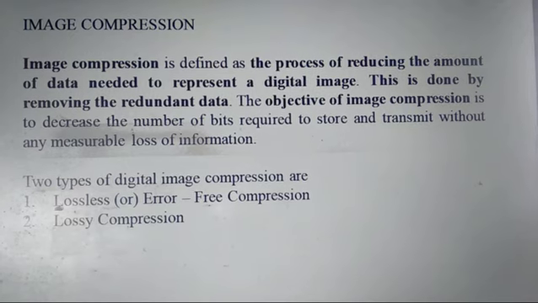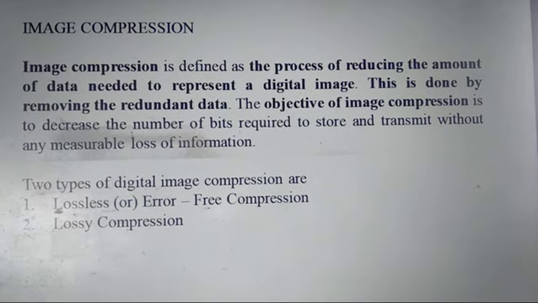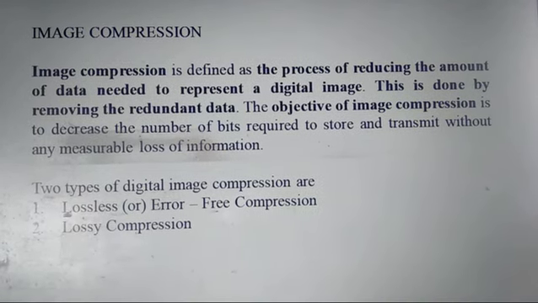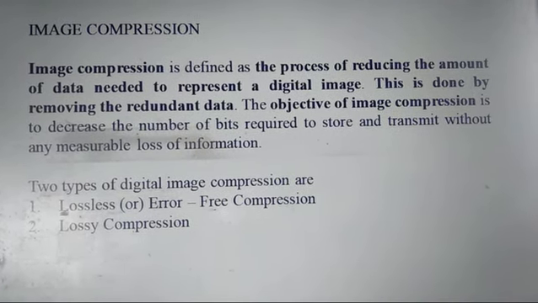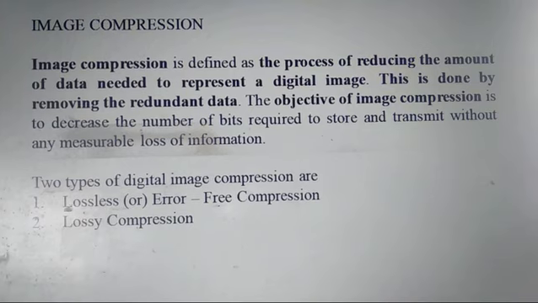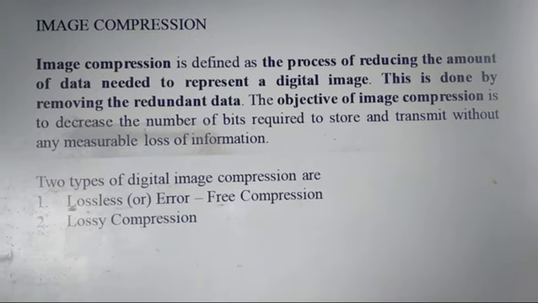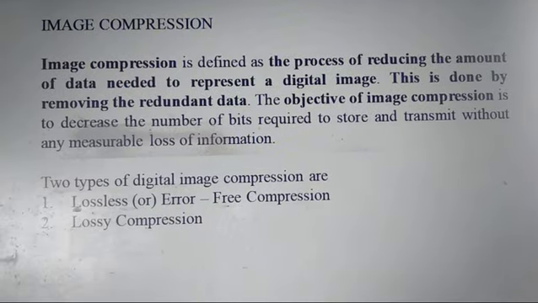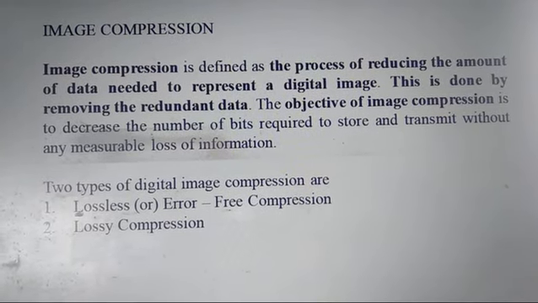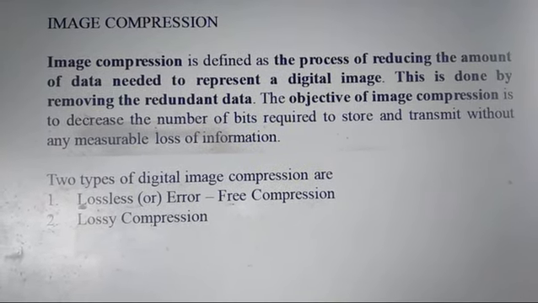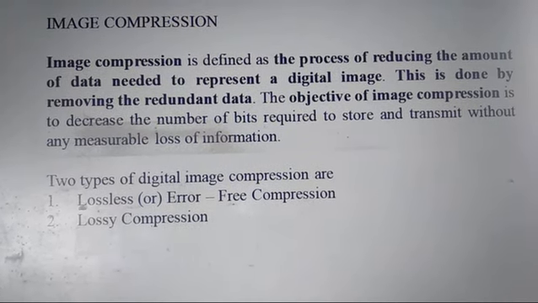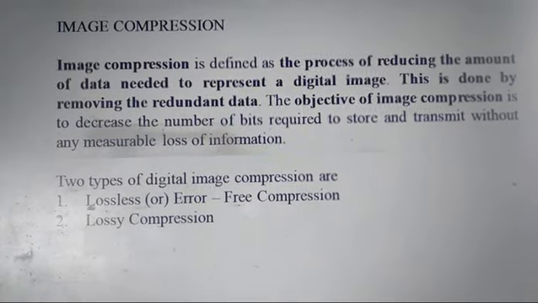This is done by removing the redundant data. So the objective of image compression is to decrease the number of bits required to store and transmit, without any measurable loss of information. There are two types of digital image compression: first, lossless or error-free compression, and second, lossy compression.